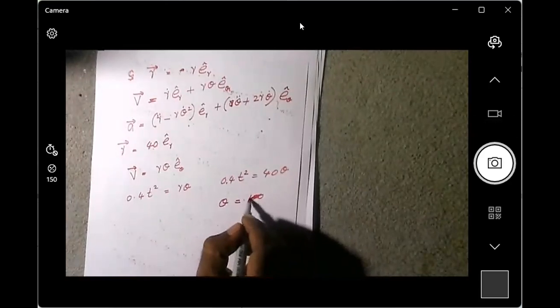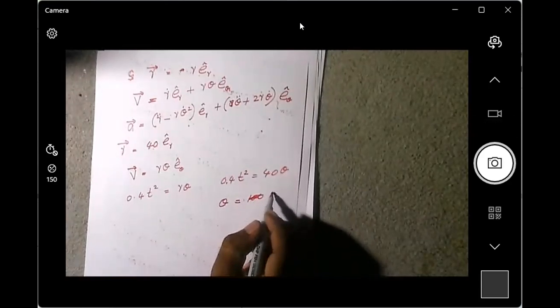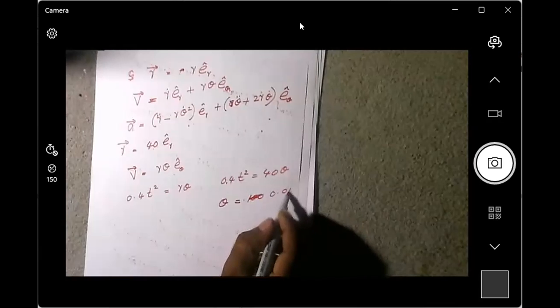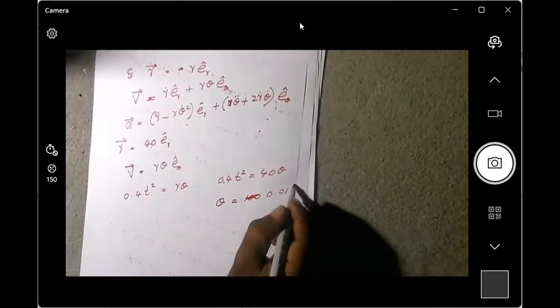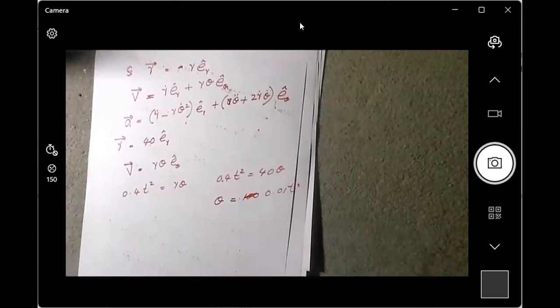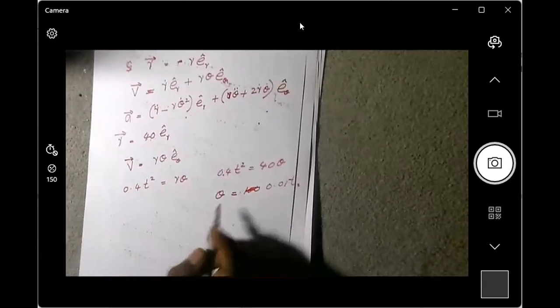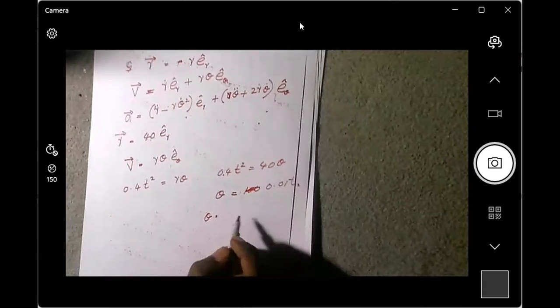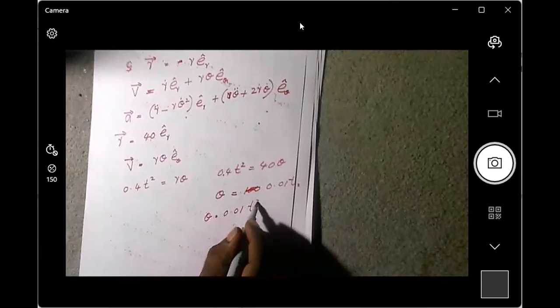No, 0.4 divided by 40, which will be 0.01 t squared. So the angle theta is 0.01 t squared.